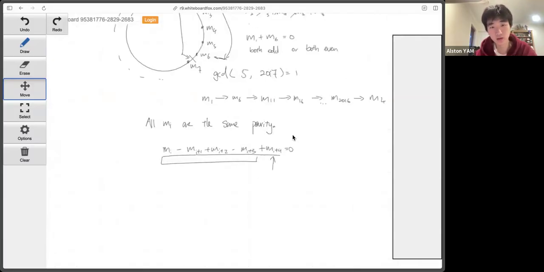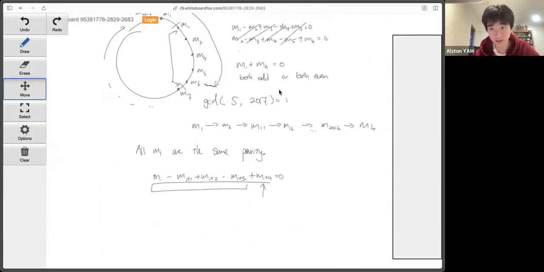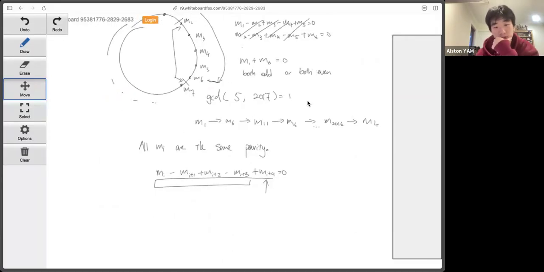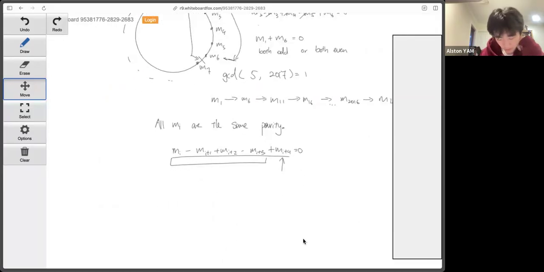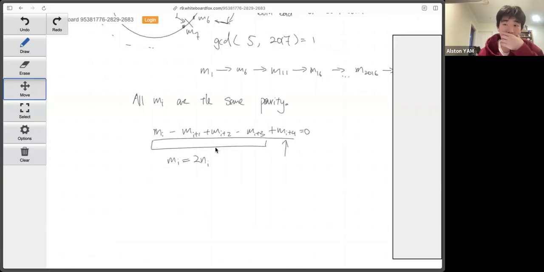And that is what is actually going to make this infinite descent work. Because if Mi is even, then Mi is equal to 2Ni for some n. If we think about it like that, then we have 2Ni minus 2Ni plus 1, plus 2Ni plus 2 minus 2Ni plus 3.